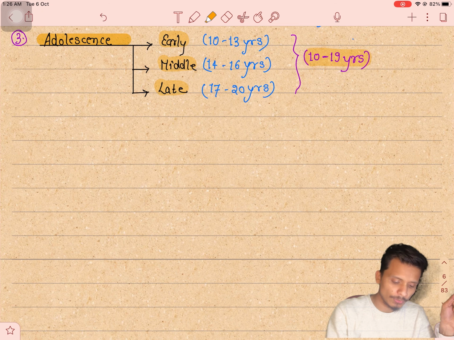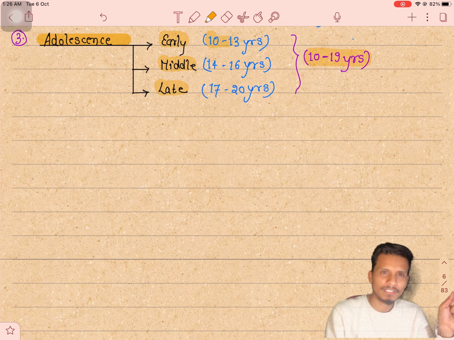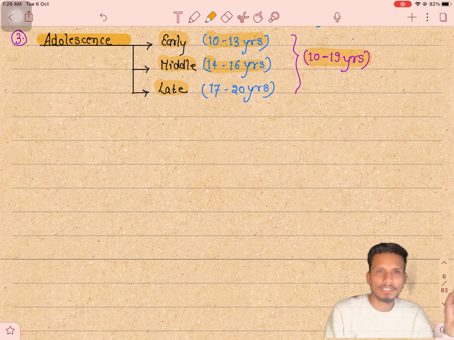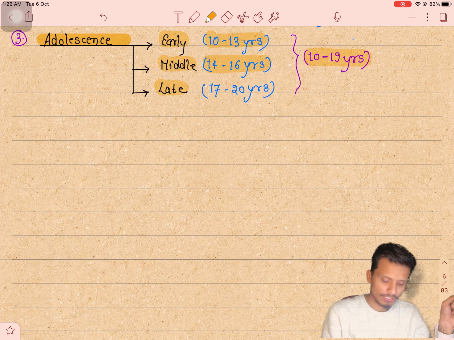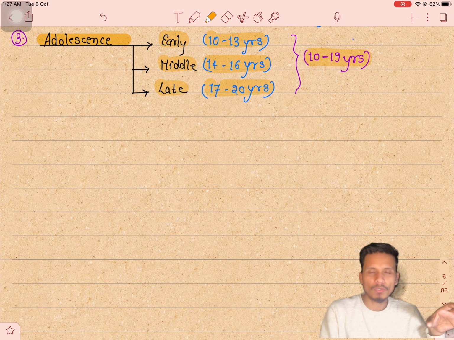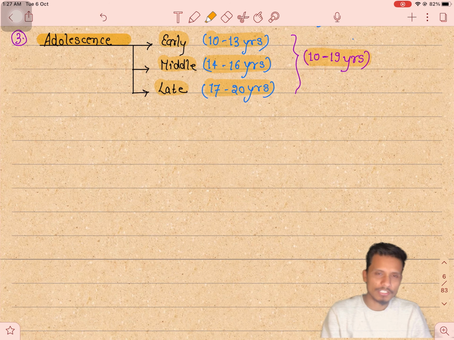The early one includes 10 to 13 years, called the early adolescent stage. Next is the middle adolescent stage, which includes 14 to 16 years, and 17 to 20 years are included inside the late adolescence condition. So these are the 3 stages in adolescence.